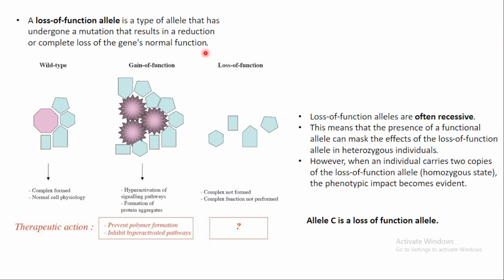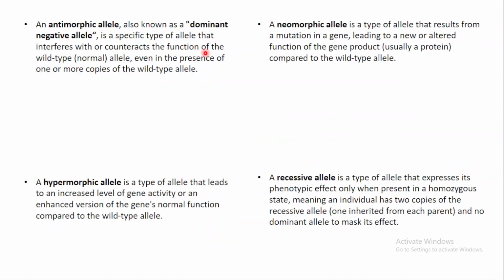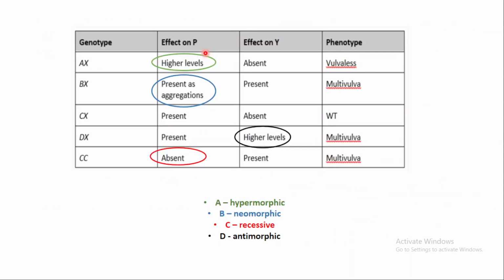So in experiments, we create a loss of function phenotype with a dominant negative allele. But if you are going to talk about a loss of function allele, it would be a recessive allele, which in this case here is C.